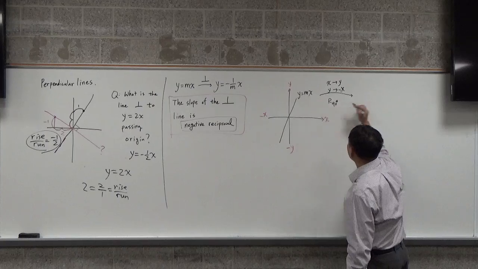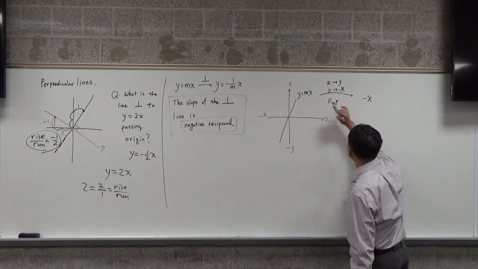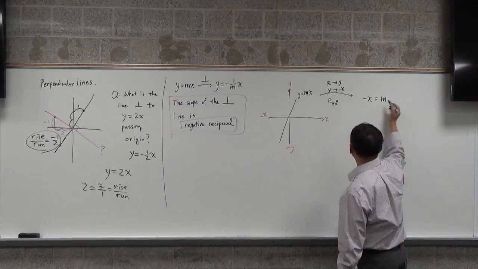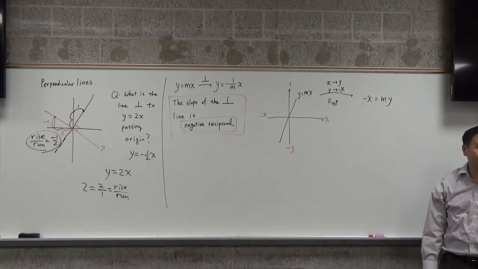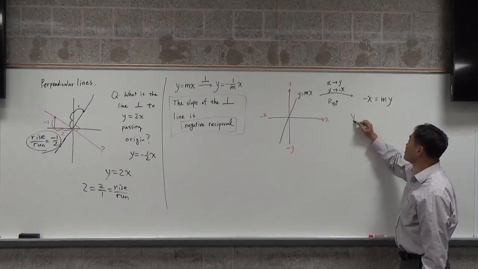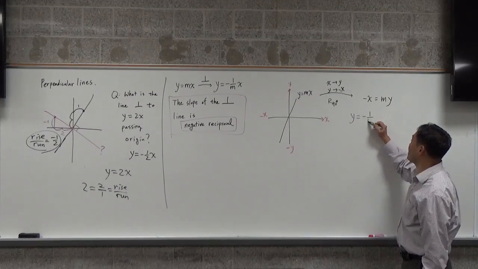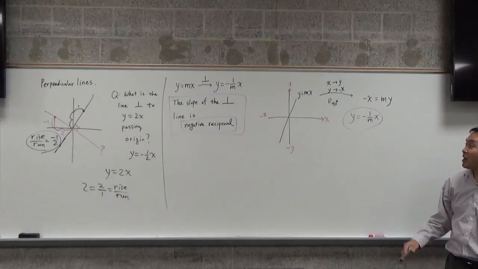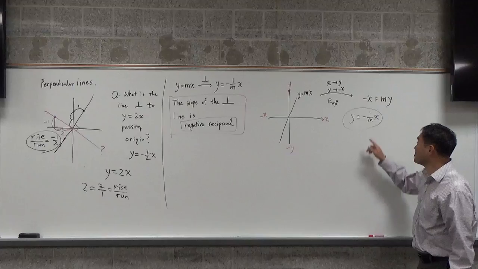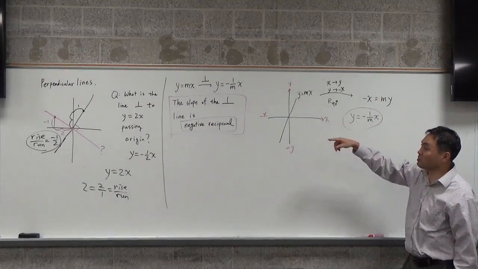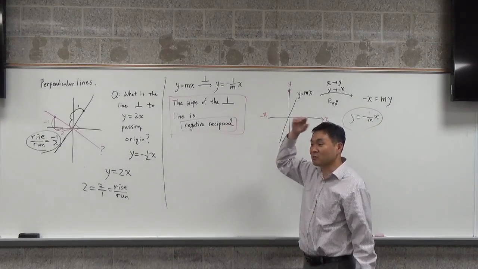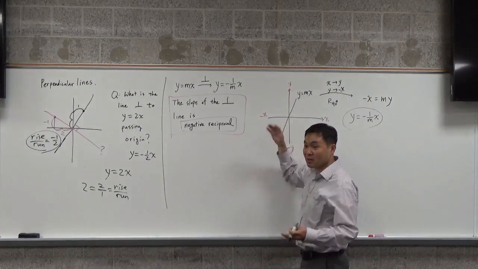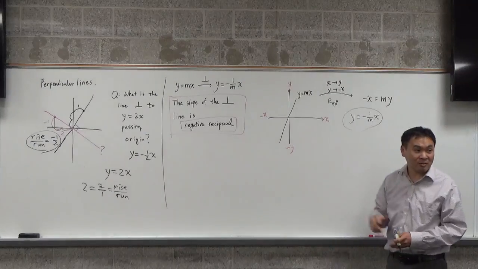So this y here will be negative x, equals m times, this x will become y. So that's what you have, right? And now you solve for y. What is that? y equals negative 1 over m x. So that's a proof. The reason that the perpendicular slope is negative 1 over m, in other words the negative reciprocal, is because if you rotate it, x becomes y and y becomes negative x, and if you solve for y, that's what you get. Okay?